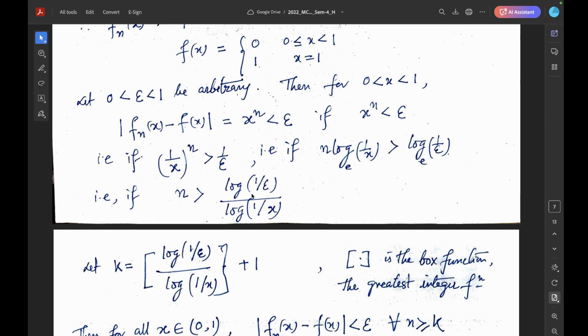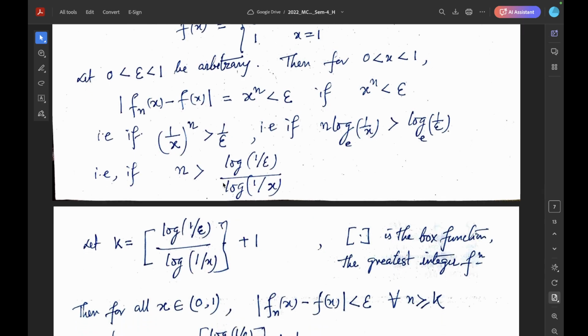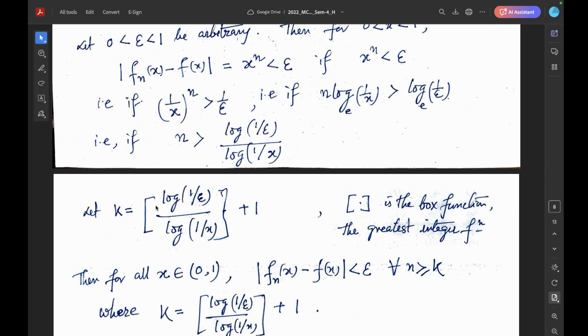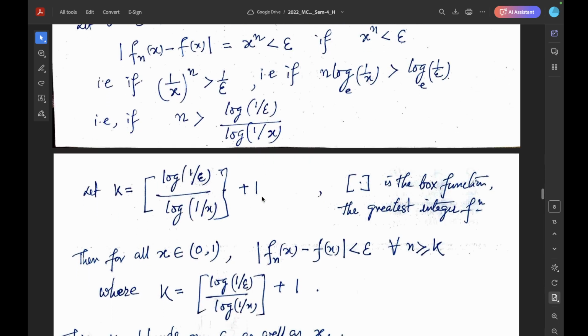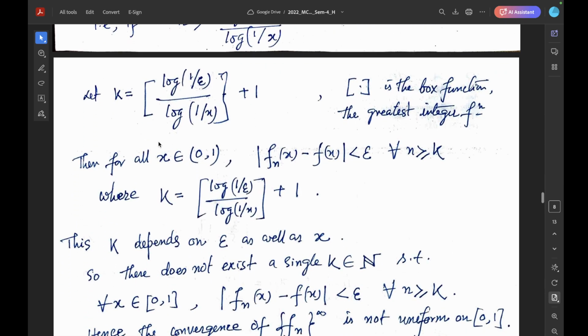Hence n is greater than log of 1 by epsilon divided by log of 1 by x to the base e. Let k equal the box function, the greatest integer function, of this, plus 1. Then for all x belonging to the interval [0, 1), the modulus of f_n(x) minus f(x) is less than epsilon for all n greater than or equal to k, where k is the box function of log of 1 by epsilon divided by log of 1 by x, plus 1.